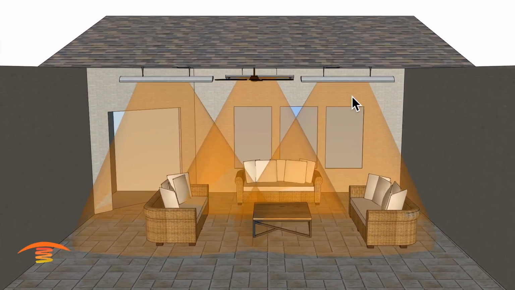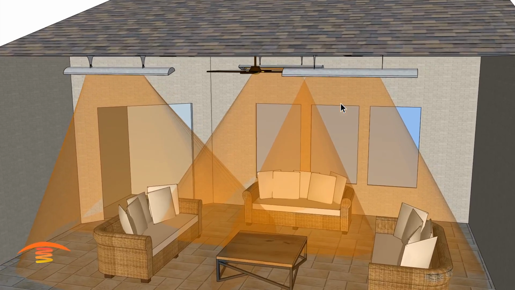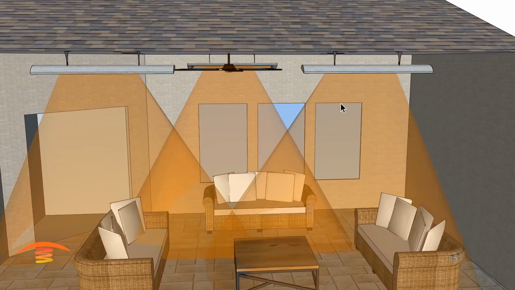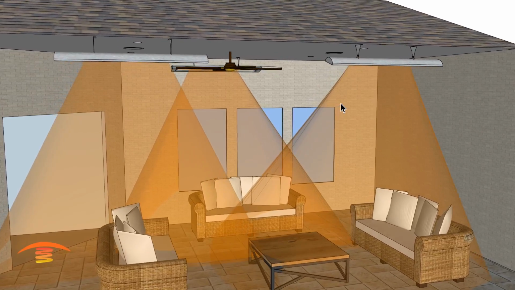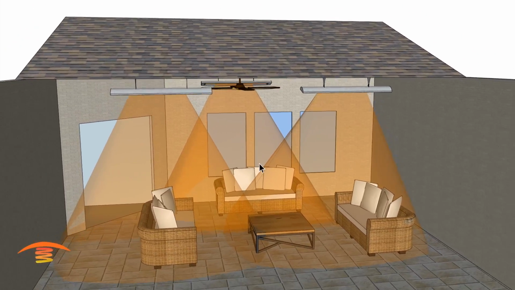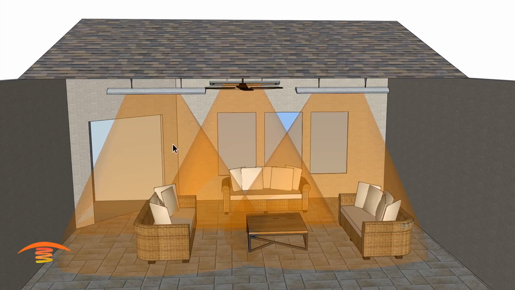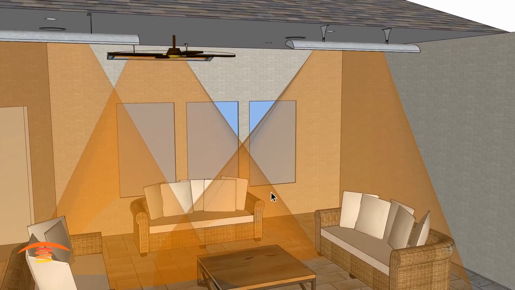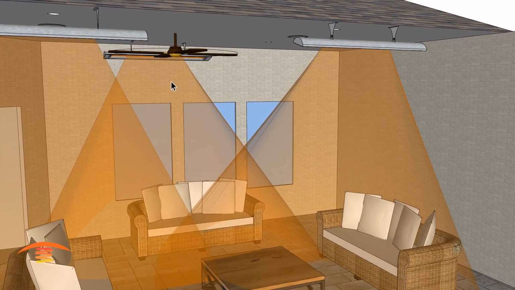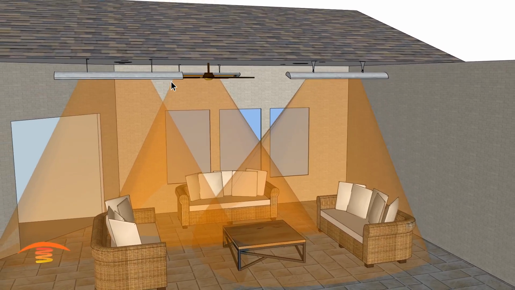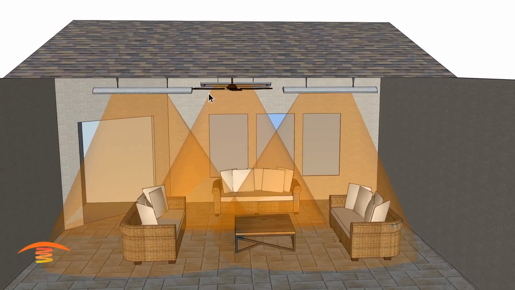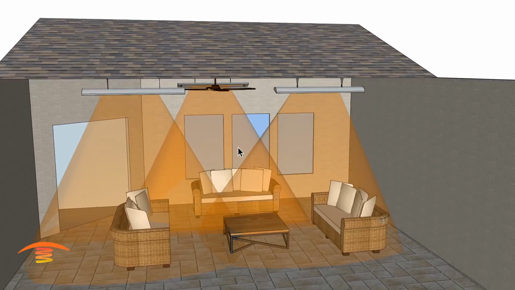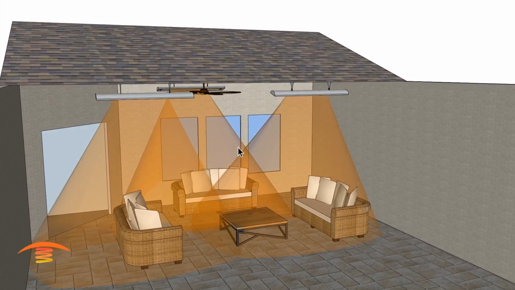These are 6,000 watt units. You probably would want a dimming system on something like this. You can make it 3-zone or 2-zone. You can have this one on, these two on or off. With a 6,000 watt unit, it's easy to place a dimming system for each of these heaters when you use a control system.